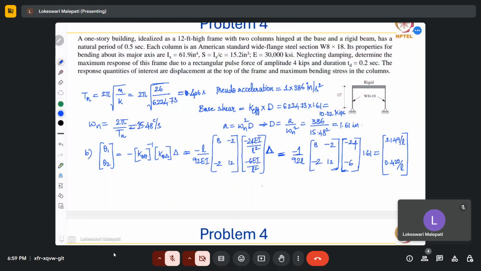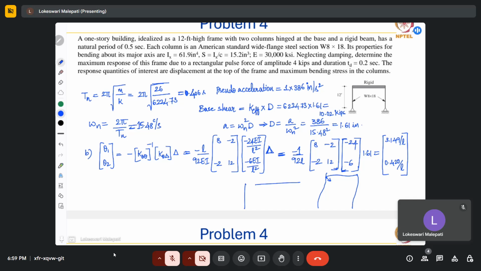So we have the beam and then we have the column. Our whole structure would be displacing like this generally. So here we need to find out the moment.